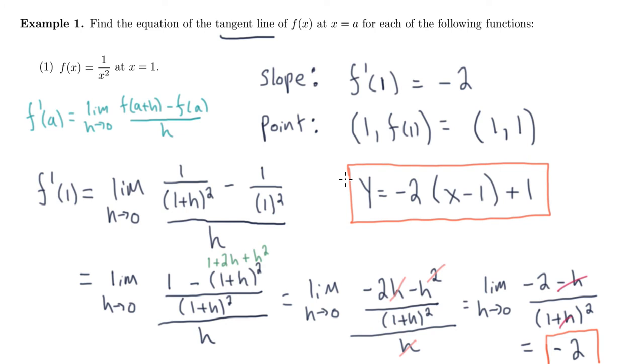And you see the most important part is finding the derivative. Okay? So negative 2, we'll see a picture in just a second, is like the slope of that function at x equals 1. And of course I'll just write negative 2x plus 3 if you prefer slope-intercept form. So let's look at a picture real quick.